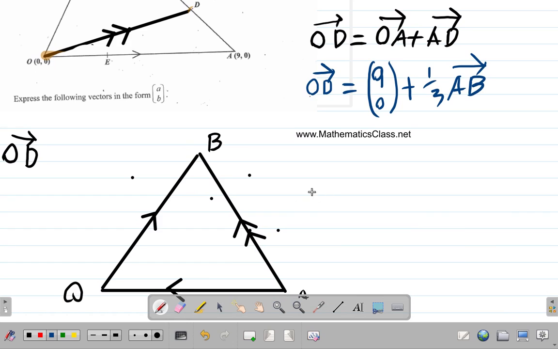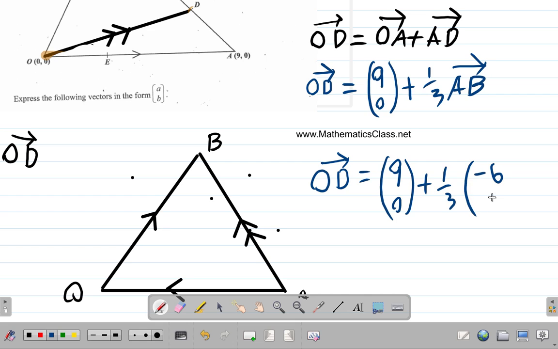Now, OD is equal to 90 plus 1/3 of -6, 6. Do you see that?